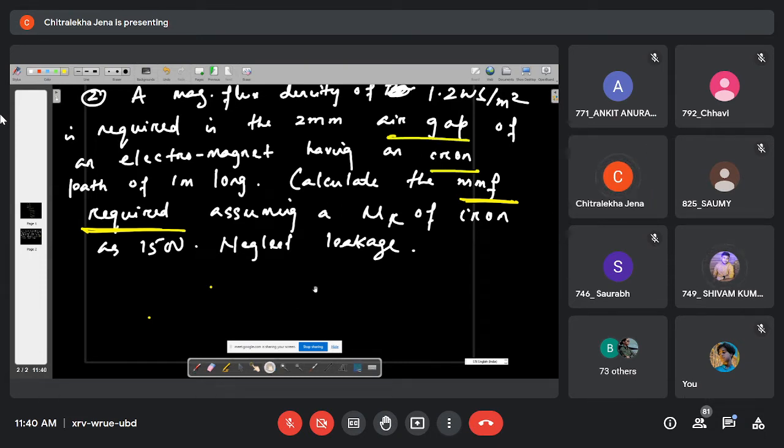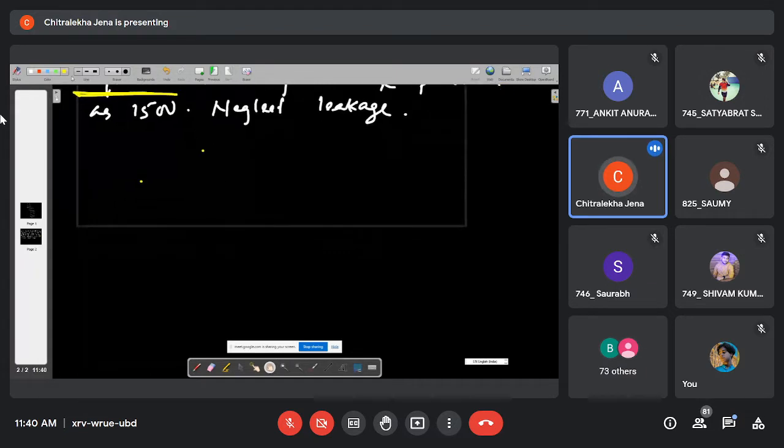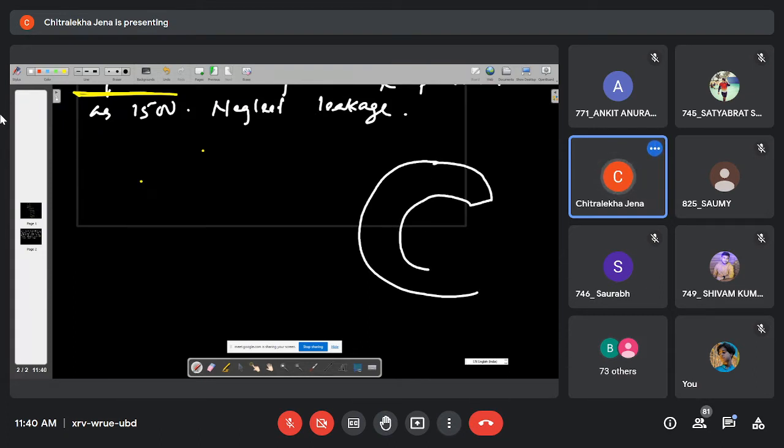Two materials: one air gap, another one is iron. So we have a magnetic circuit with an air gap and iron. This is my air gap.